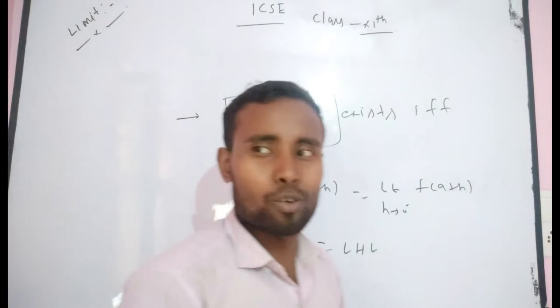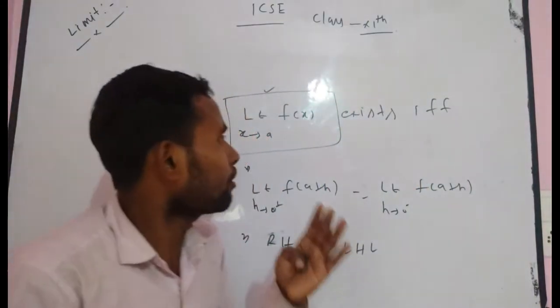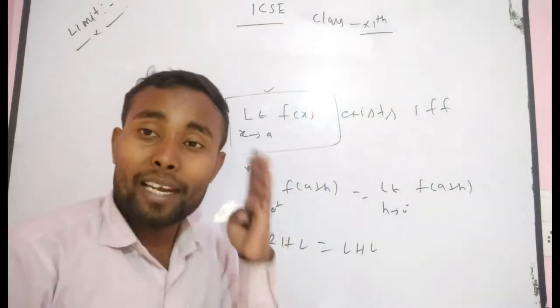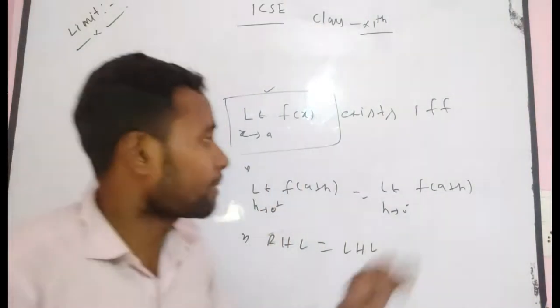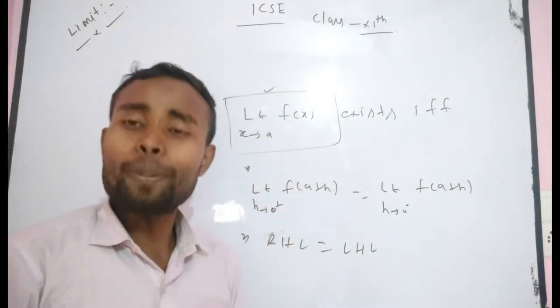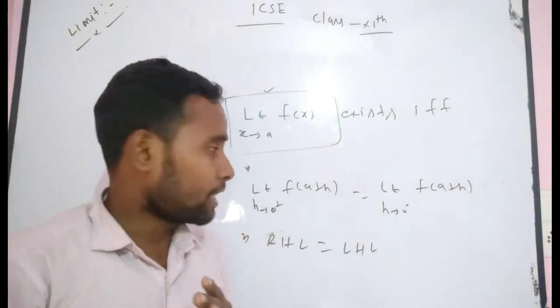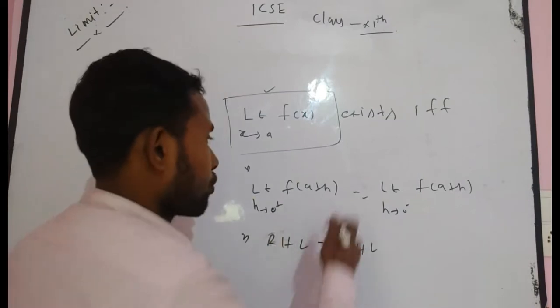Now I want to tell you, while you are determining the value of a limit, you can find the limiting value by any way, directly by this way, directly this way. In most cases, I solve problems by this way.